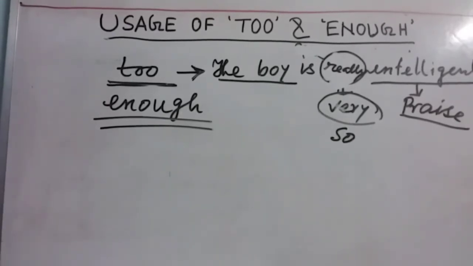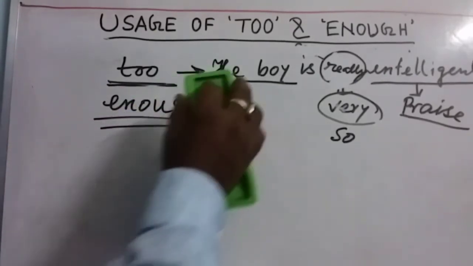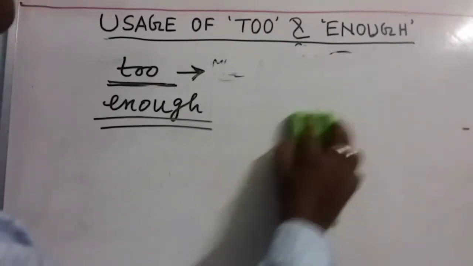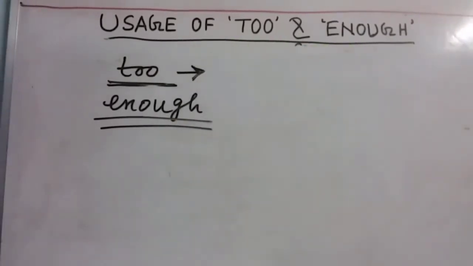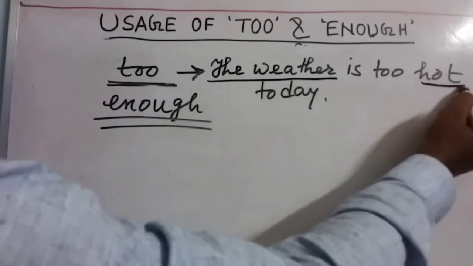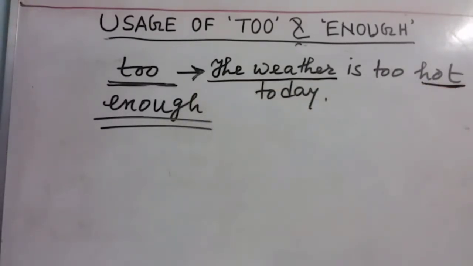Now, in a different situation, we can use the term "too". Let's look at an example. We are saying the weather is too hot today. Here the sense is negative.